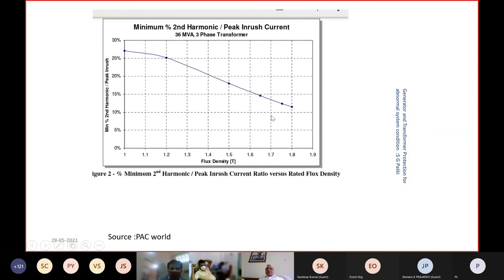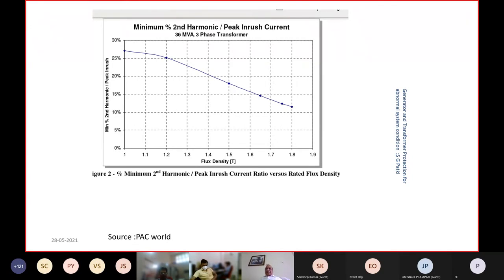If you have 1.7, the maximum second harmonic could be even less than 15%, whereas earlier, at between say 1.4 or 1.5 Tesla, you used to get near 20% or 18% second harmonic content. Because the magnetic material being used is now different, we are facing a phenomenon where the inrush current has lower second harmonic content.